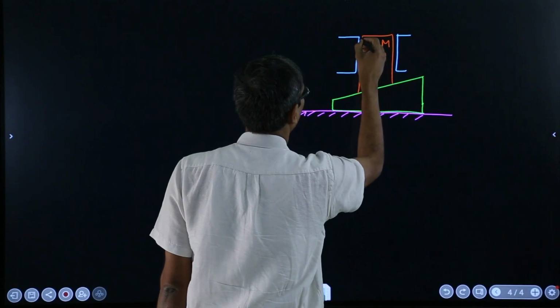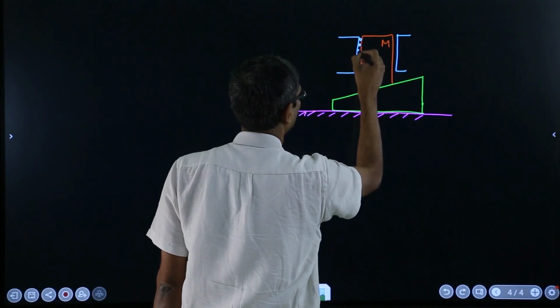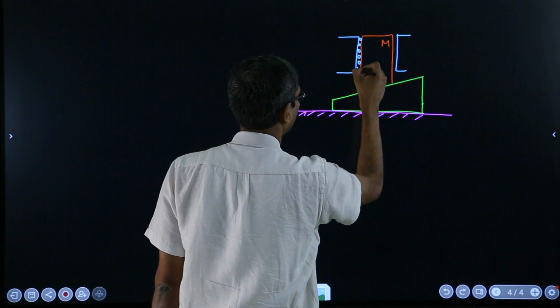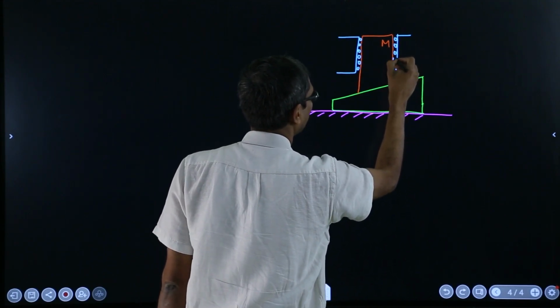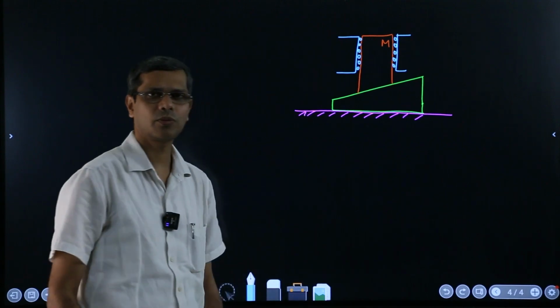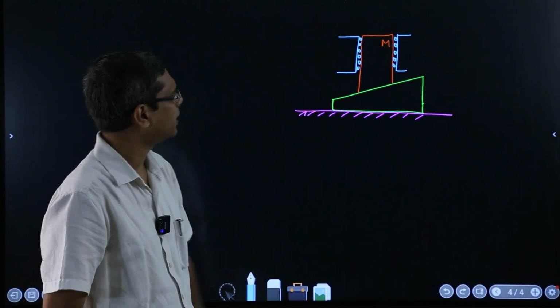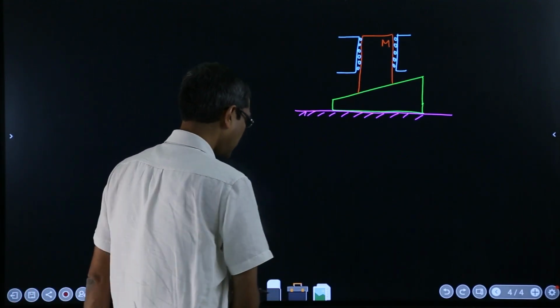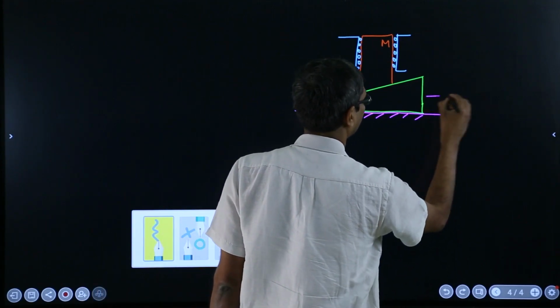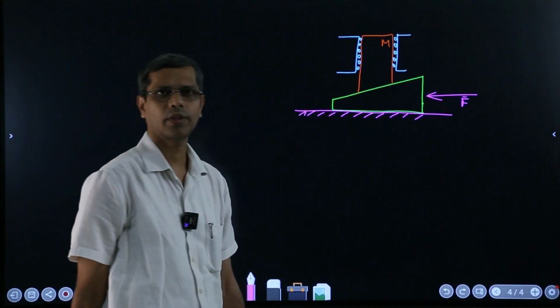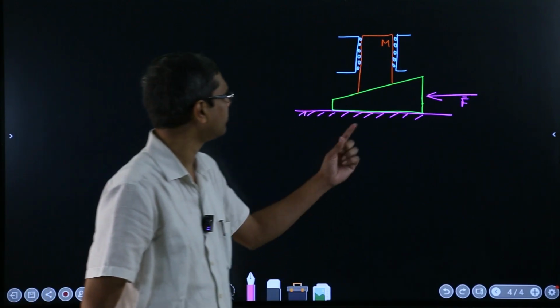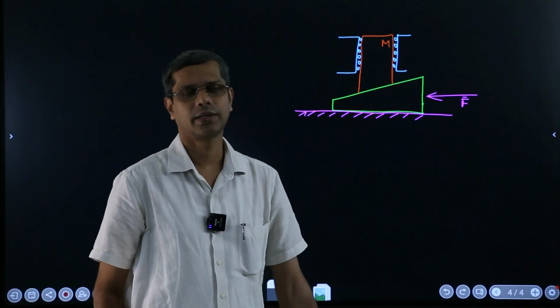And we put some rollers over here. It's a representative thing to tell that there is no friction involved. It's almost free to move when we apply a force from this side. So when we apply a force F, this mass will be lifted up.